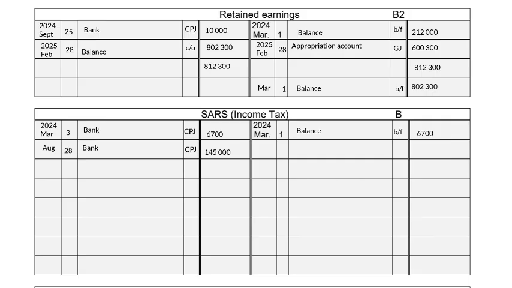Then on the 25th of February 2025, we made another payment for the outstanding amount. They estimated that we need to pay SARS 285,000. So I know my main totals need to be 285,000. So the debit and the credit side needs to be 285,000.